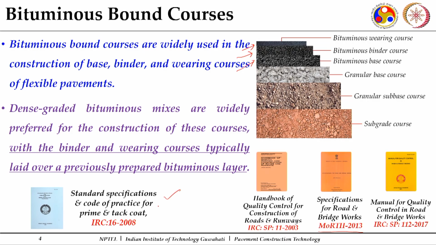Similarly, you have many IRC standards, like the one for standard specifications and code of practice for prime coat and tack coat. Then we have IS 73 for paving grade binder, IS 15462 for modified binders. So a good number of standards exist specifically to look into the quality aspects of bituminous bound courses.